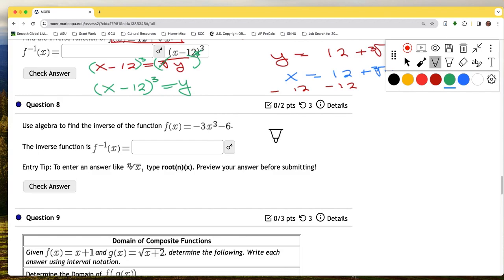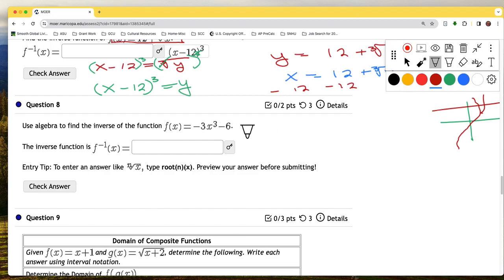So we don't need to restrict it. If you graph a cube root, you'll see it graphs something like this S-curve. It's not a very good one. But you'll see it passes the horizontal line test as well as the vertical line test. So we don't have to restrict the domain, hopefully that makes sense.